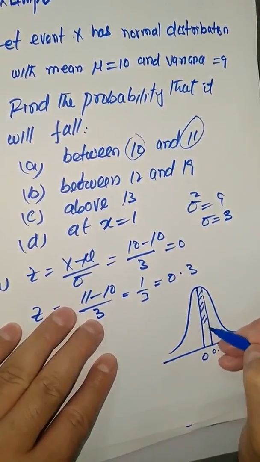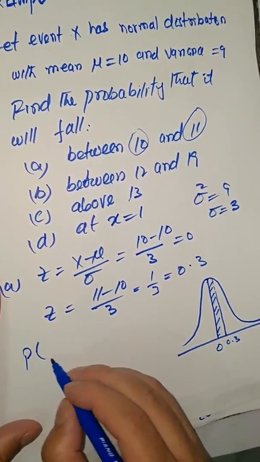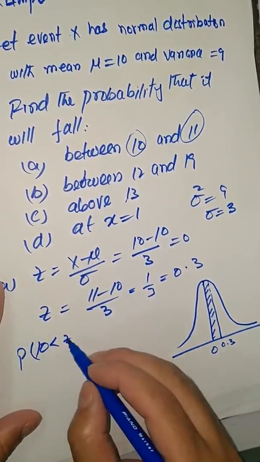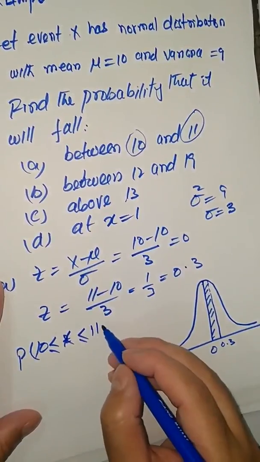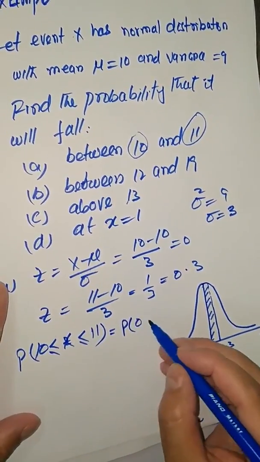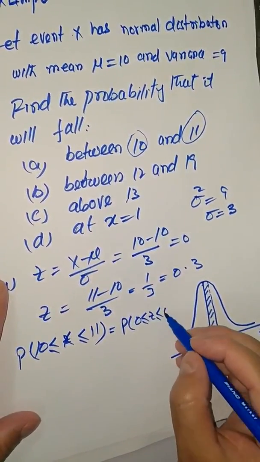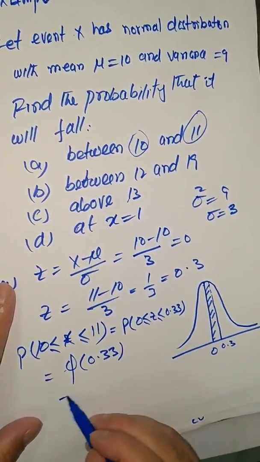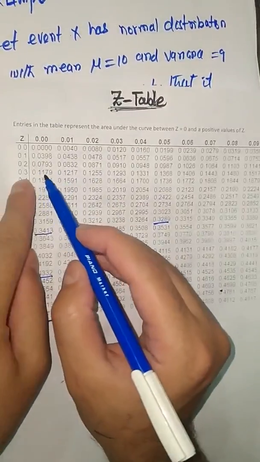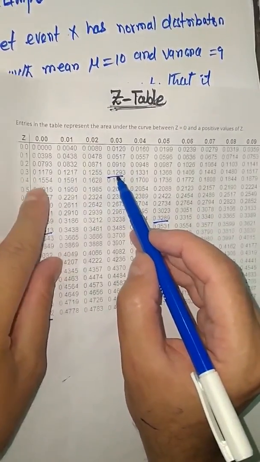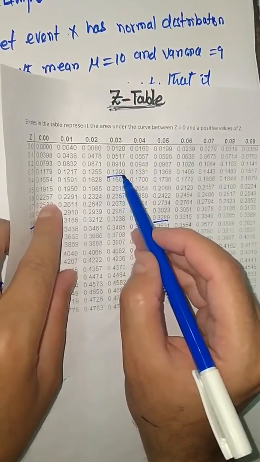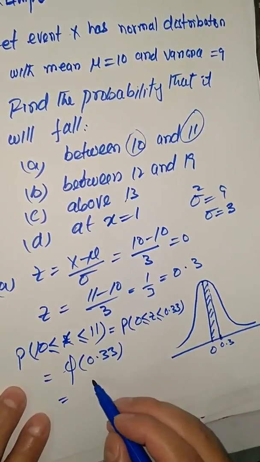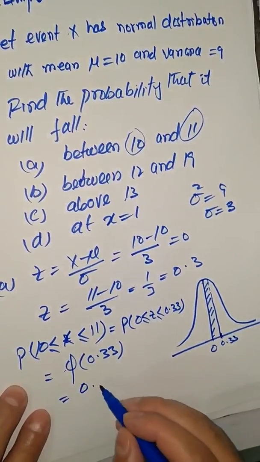So the area would be P of x greater than or equal to 10, less than or equal to 11. In standard form it would be z greater than or equal to 0, less than or equal to 0.33. Following the z table, when z is equal to 0.33, the area under this curve would be 0.1293.